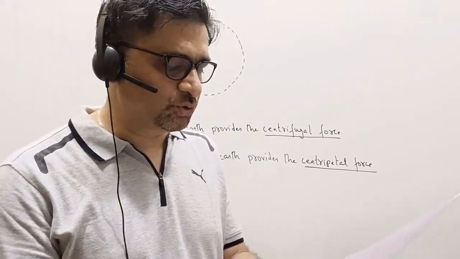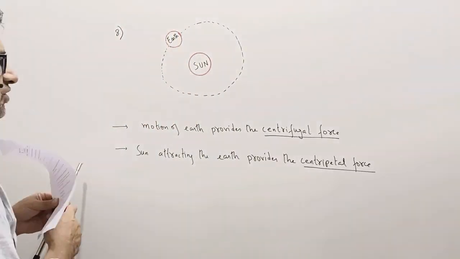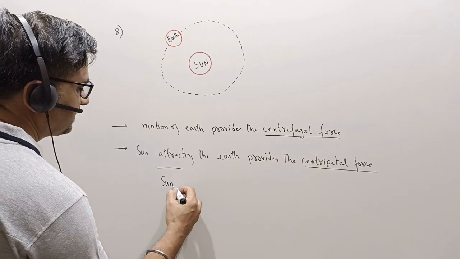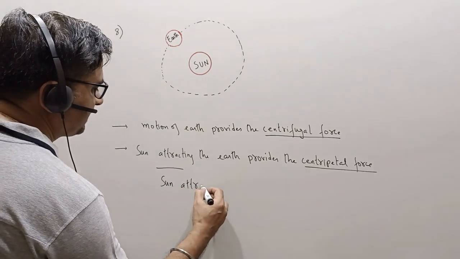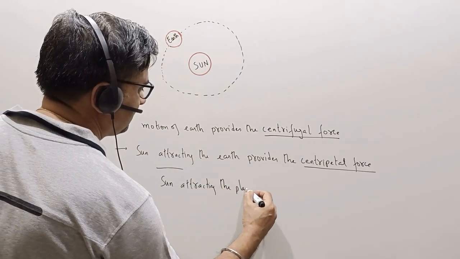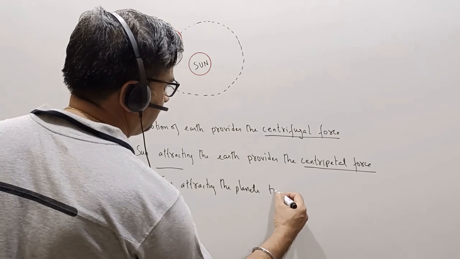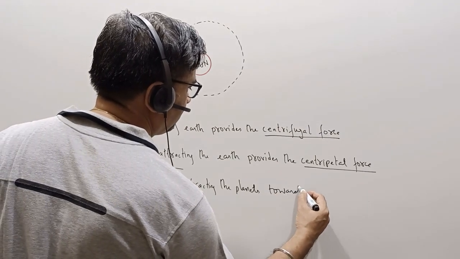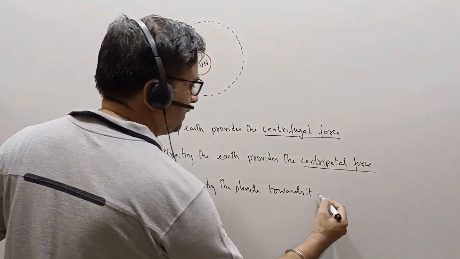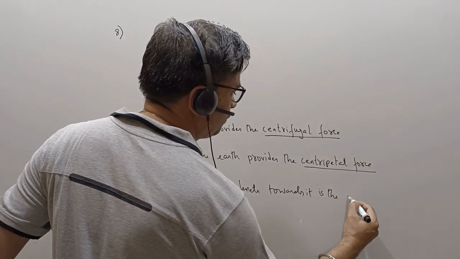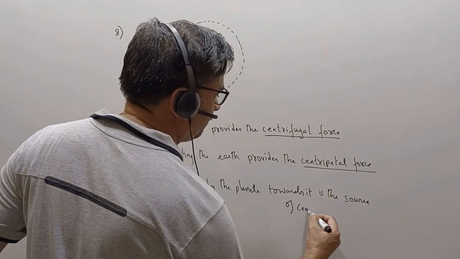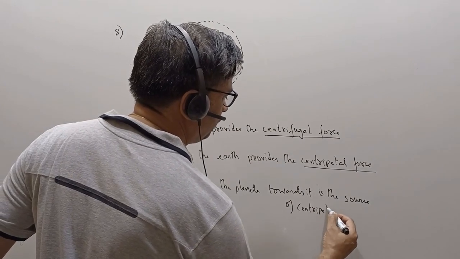So the answer in this case is the sun attracting the planets towards it is that source of centripetal force.